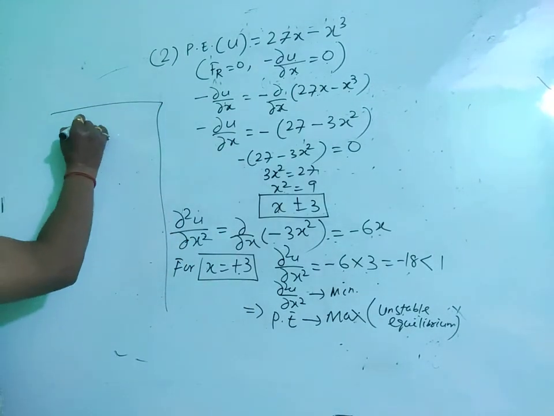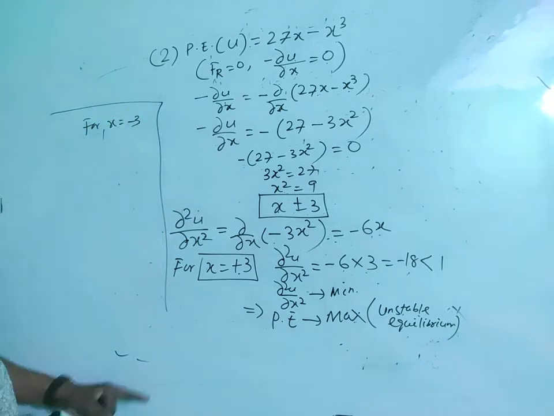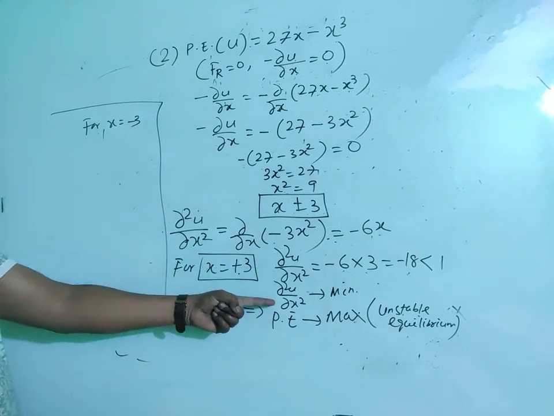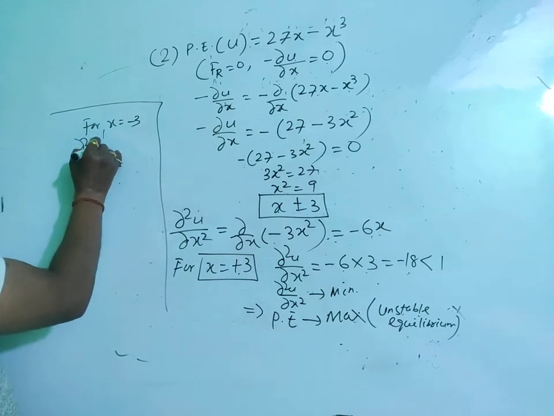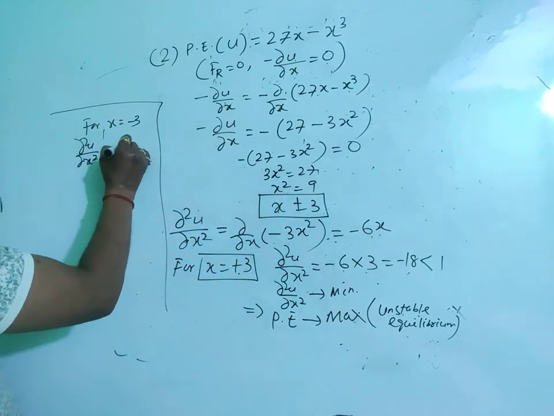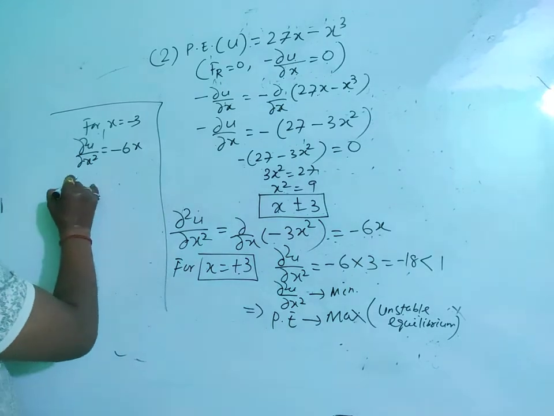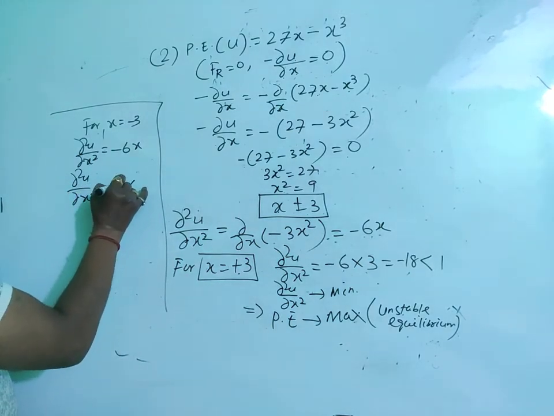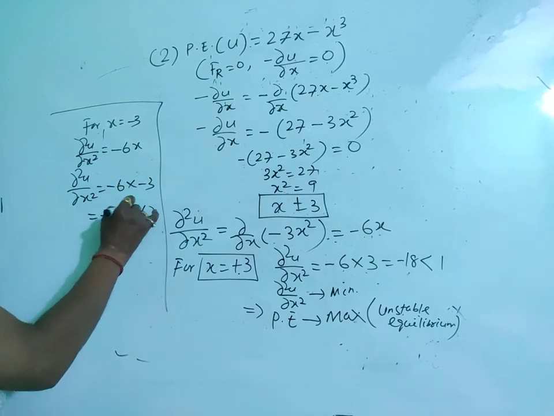Then for x is equal to minus 3. You see d square u by dx square is equal to minus 6x, and here d square u by dx square is minus 6 into minus 3, that comes plus 18, greater than 0.